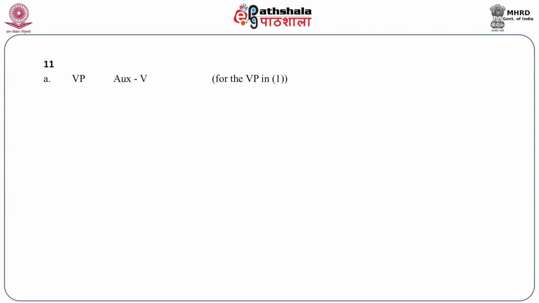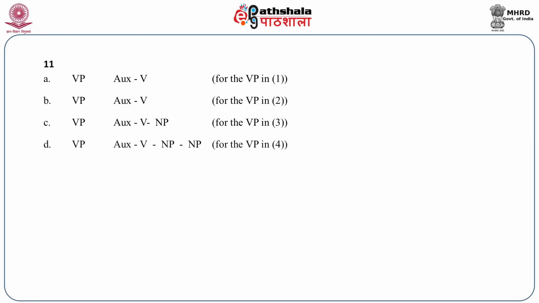Now look at the rules that we have formulated for these sentences. In the first sentence, that is sentence 1, we had only auxiliary and a verb, and therefore the rule is 11a, where VP goes into auxiliary and V. In the second one also we had the tense and then the verb, and therefore we have 11b as the rule where VP again goes to Aux and V. However, in 11c we have VP which goes to Aux, V and a noun phrase.